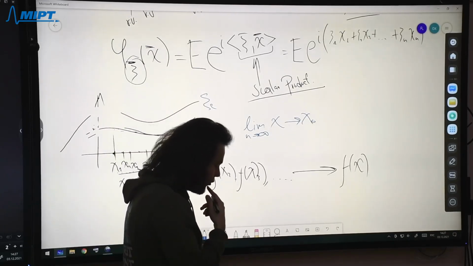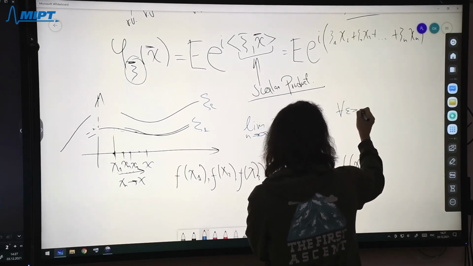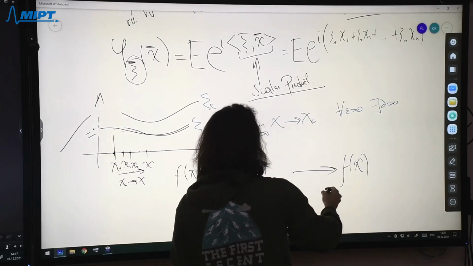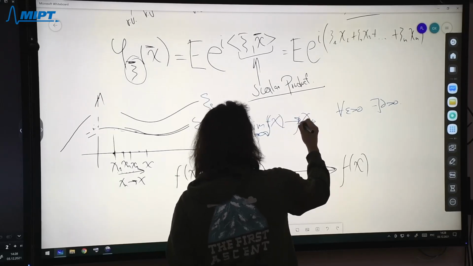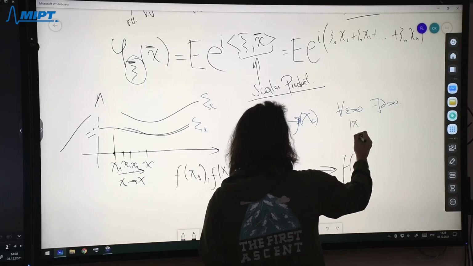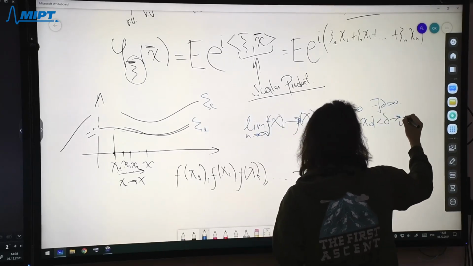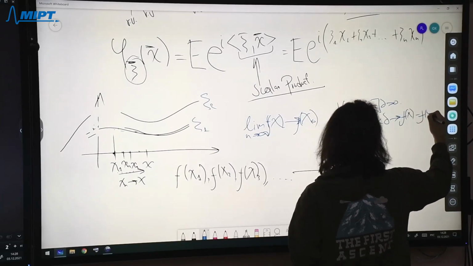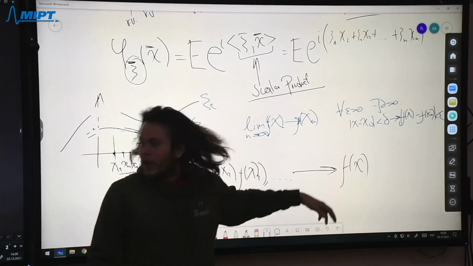It means that for every epsilon greater than 0, there exists some delta greater than 0, such that if, sorry, here we have f of x and x0, such that if |x minus x0| is less than delta, then |f of x minus f of x0| is less than epsilon. If this is true, then we have this.